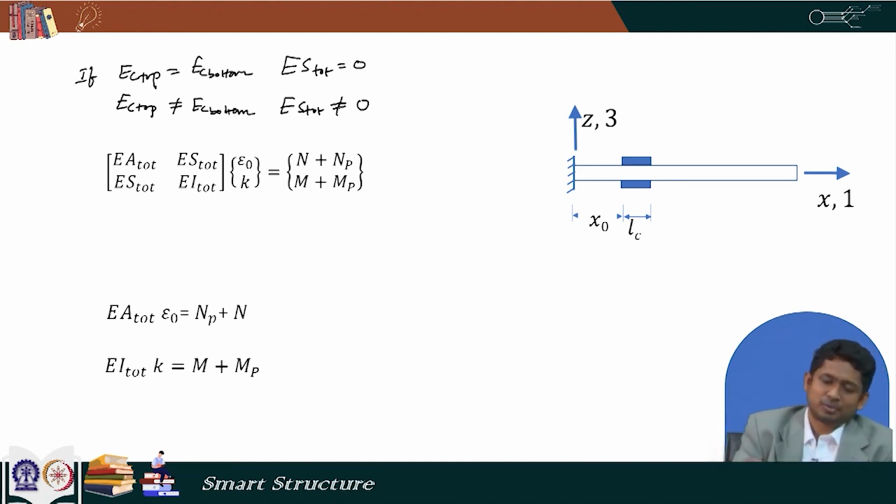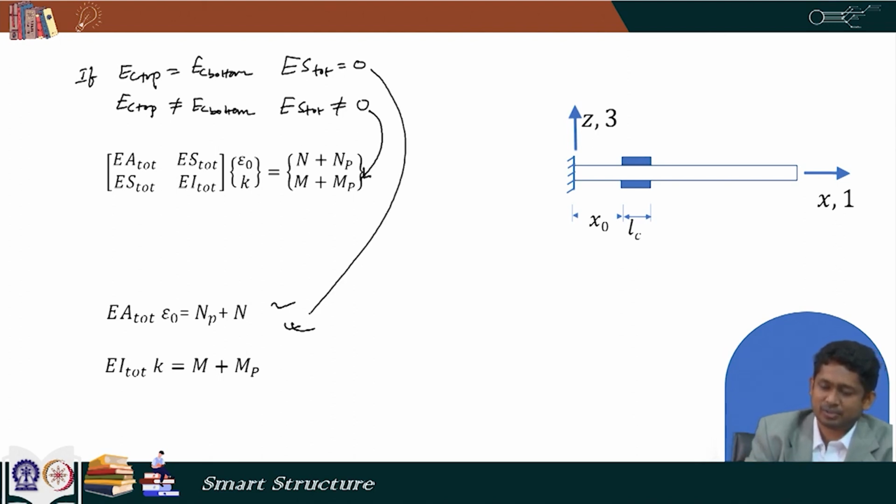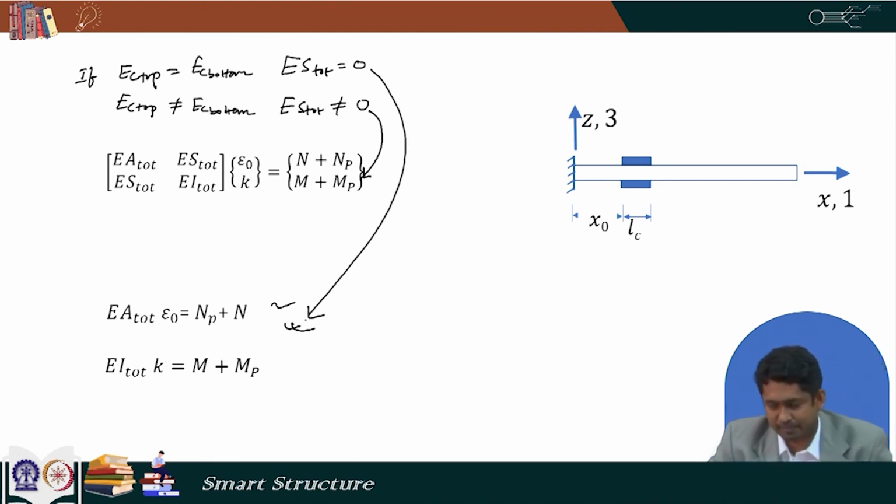So, in that case we have to solve the coupled equation. If ES total is 0, then we can get rid of these two terms and the two equations get decoupled like this, and if they are not same, then we have to solve the coupled equation. So, this leads to this situation and this leads to this situation.